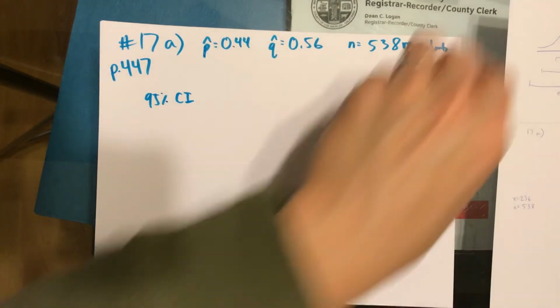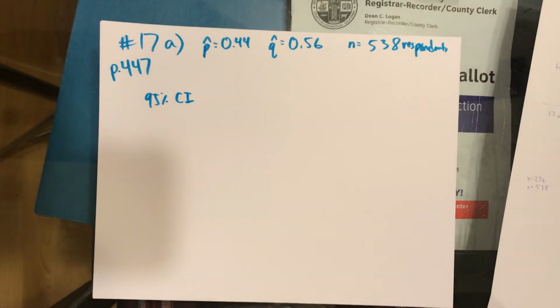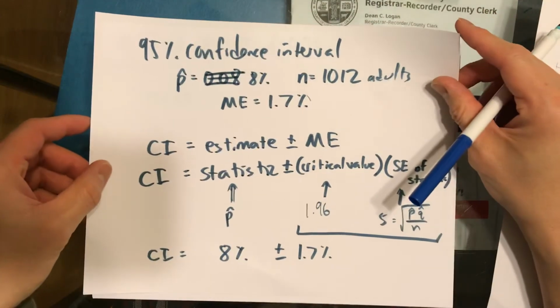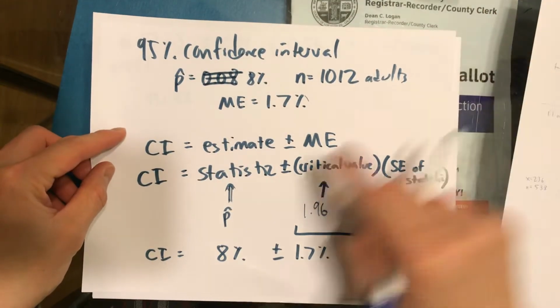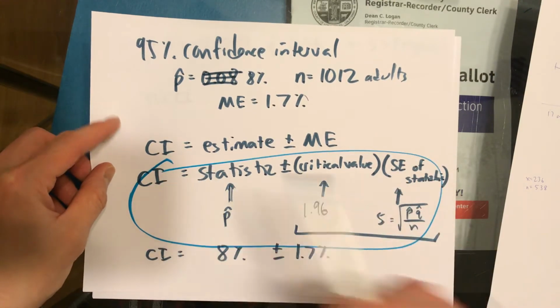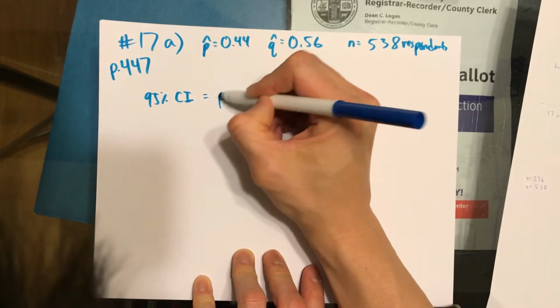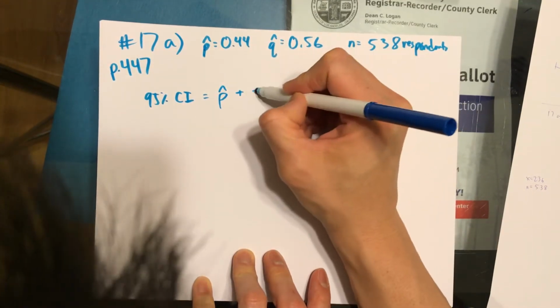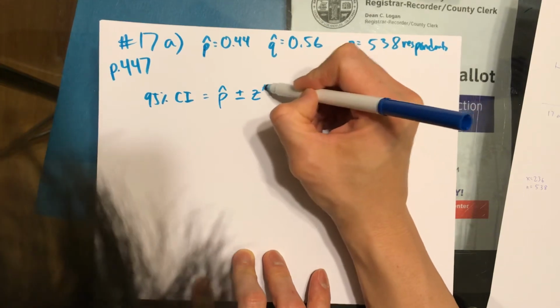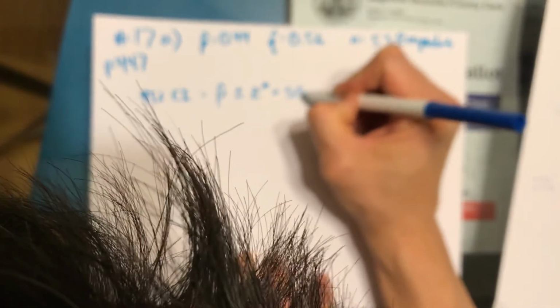So let's think back to what we just did in the previous one, right? We're gonna do the same thing here. We're really working on this part of it, okay? So the formula is p hat plus or minus the critical value times the standard error of our p hat.